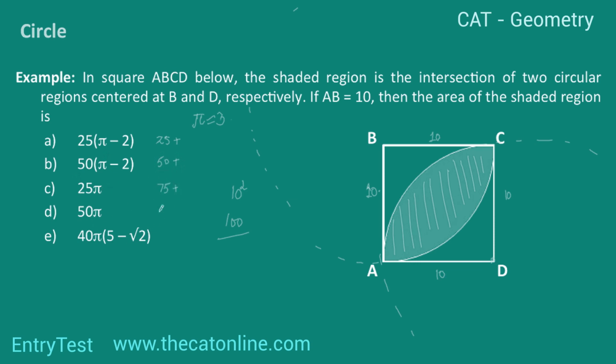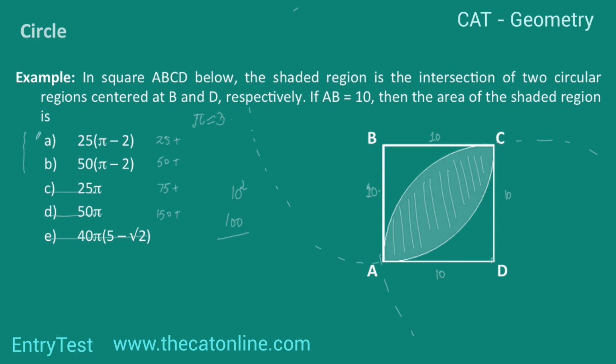The fourth option is 150 plus. And the fifth option is 40 into 3, which is 120 into something again, which is very big. So option E and option D cannot be my answer. Also, option C seems quite large, so it cannot be my answer. So I'm left with two answer options.